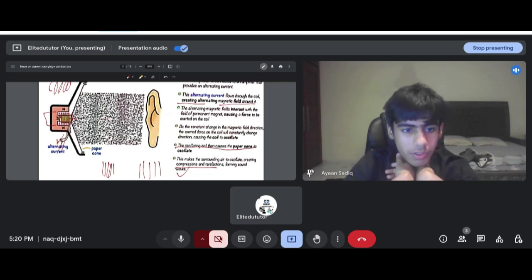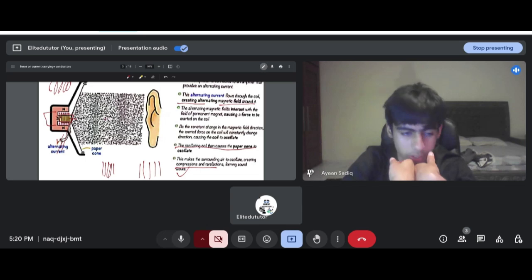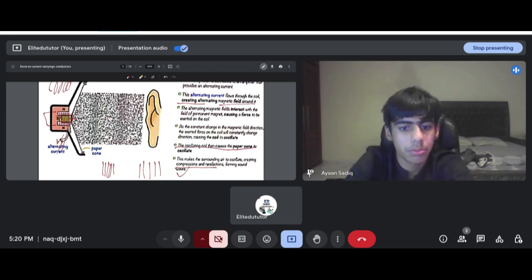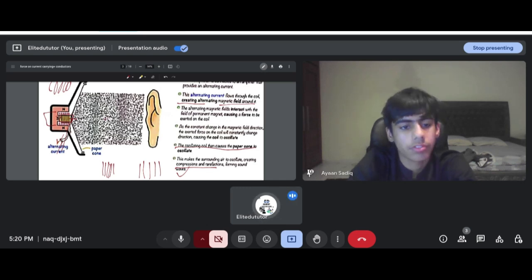When there is a constant change in the magnetic field direction, a force will be exerted on the coil, which will make the coil oscillate. Then it will pass through the paper cone, and it will vibrate the particles in the surrounding air, which will cause sound waves. Yes, very good. So basically in speakers, a coil of wire in a magnetic field moves in response to an electric current, producing sound.